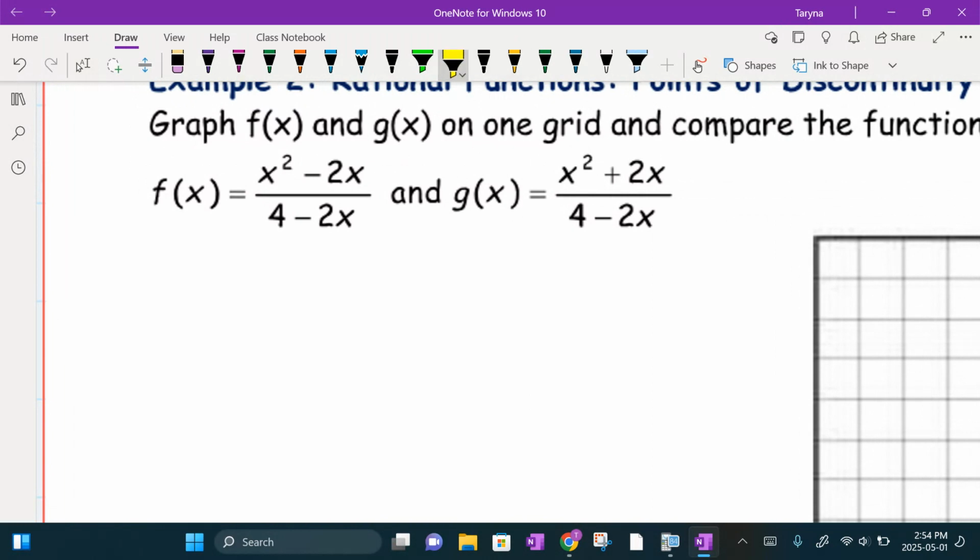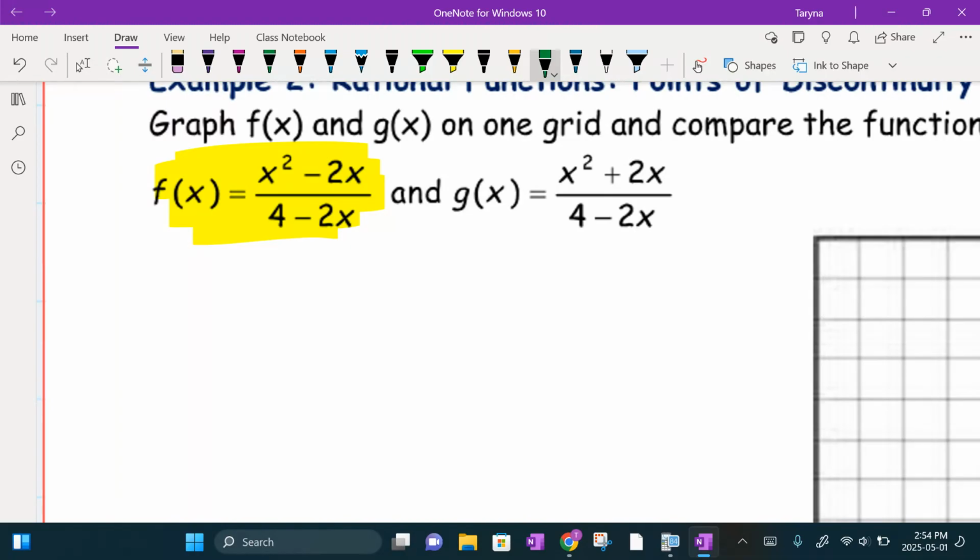I'm just going to do this one first. With this one, go through what possibly could be either a vertical asymptote or a point of discontinuity. Do we agree the degree is bigger on top? So therefore we know for sure there is no horizontal asymptote.